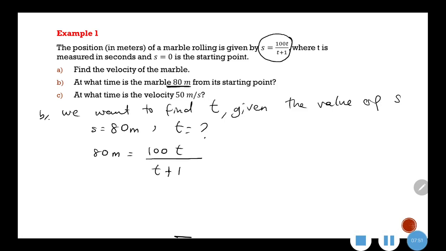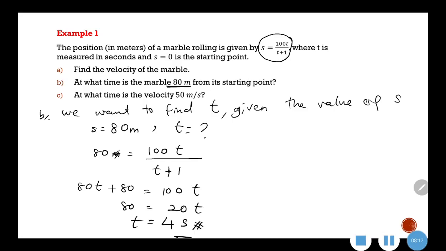Try to do it yourself and see whether your answer is similar to mine. So 80t plus 80 equal to 100t, so 80 is equal to 20t, so t is 4 seconds.